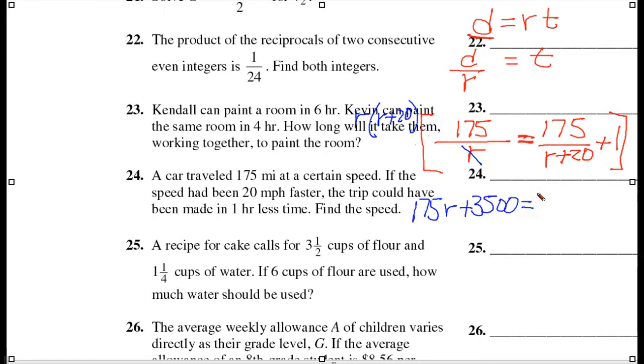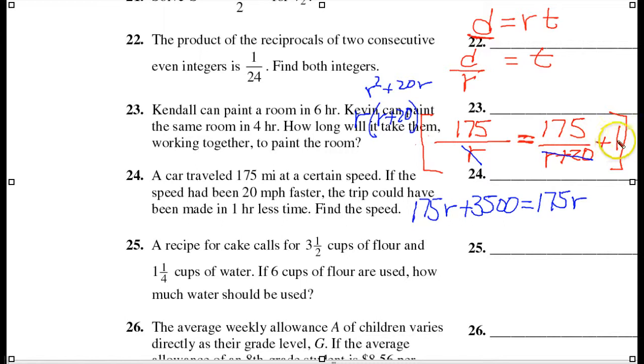Now here we're going to cancel this with this, and we end up with 175r. Then we have to multiply this by 1, which we just distribute, r squared plus 20r.